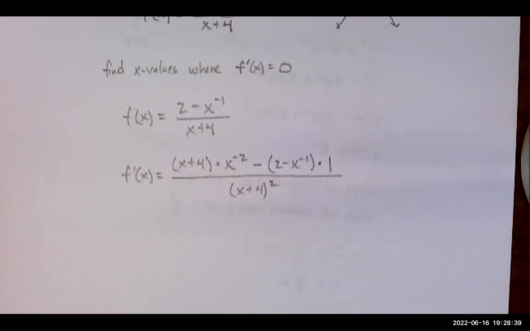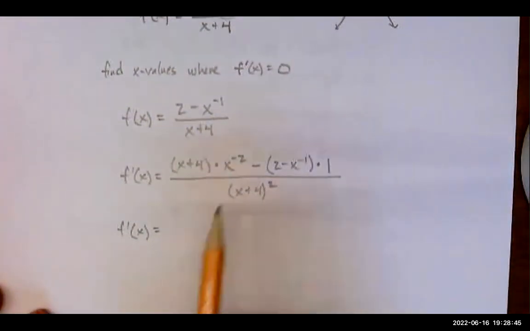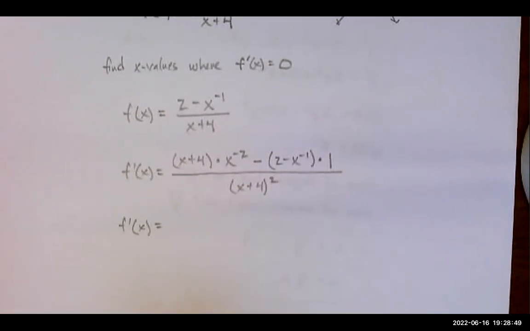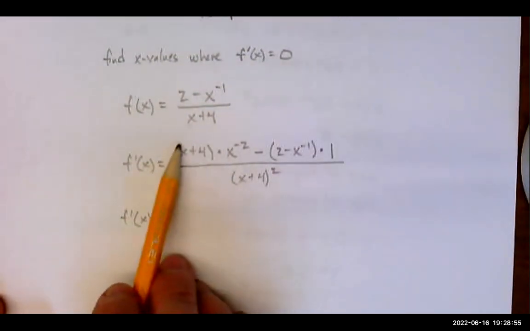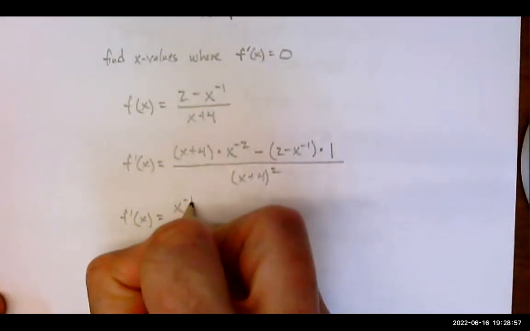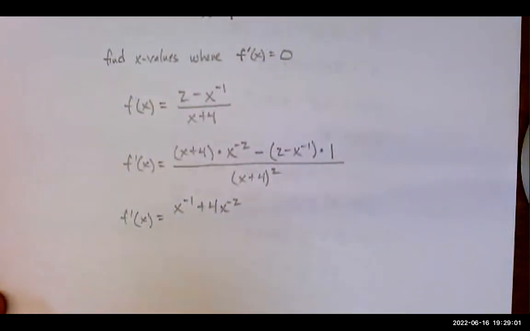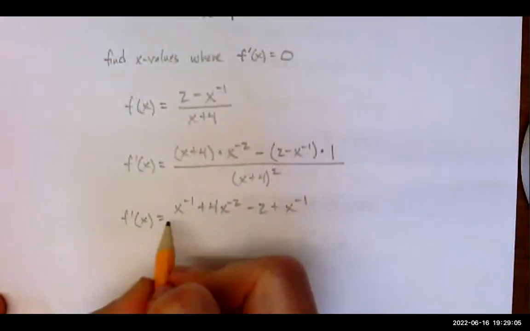In this problem, we're obviously doing more than just finding a derivative, so we do need to simplify this. We're going to end up setting it equal to 0 and solving for x. I'm going to distribute here and then just see what happens. So x to the negative 2 times x to the negative 1, plus 4x to the negative 2. And then this minus sign distributes.